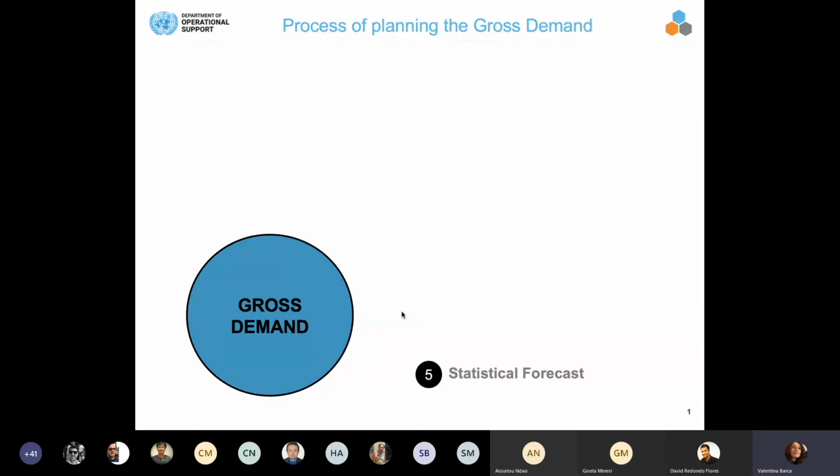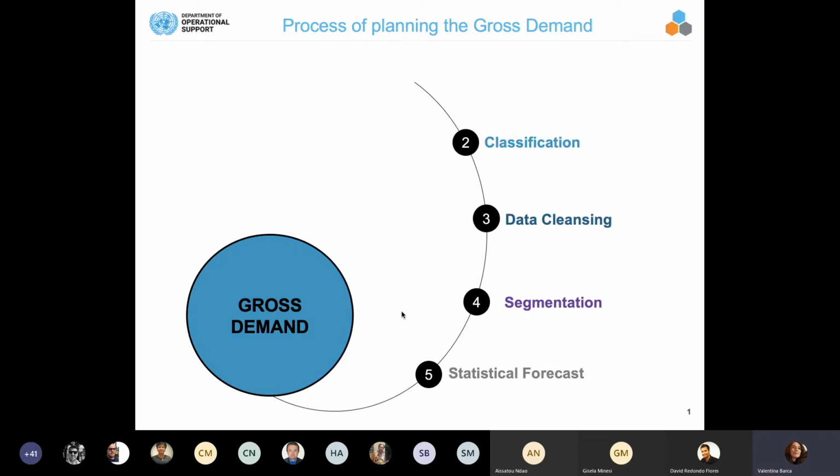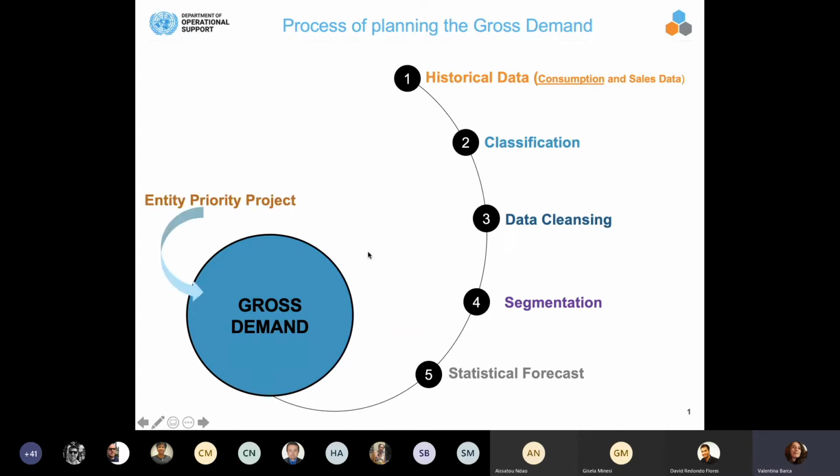As we saw during the past 7 sessions, the elements that form the gross demand are the statistical forecast, which is the last of a sequence of processes performed by the system with the help of the planner in some of those processes, and the input of the planner on the entity priority project demand, and the additional demand for equipment replacement and other products with no history consumption, for which we cannot do the statistical forecast.